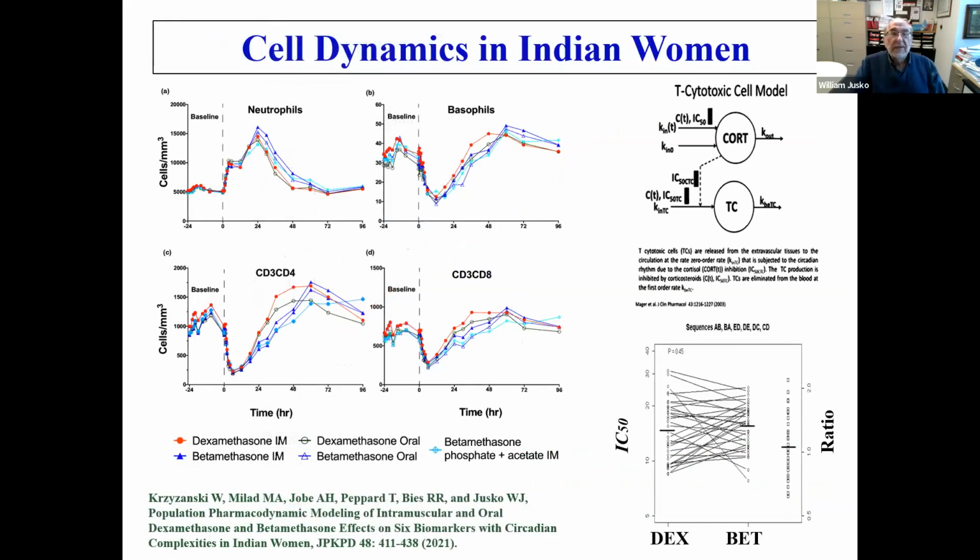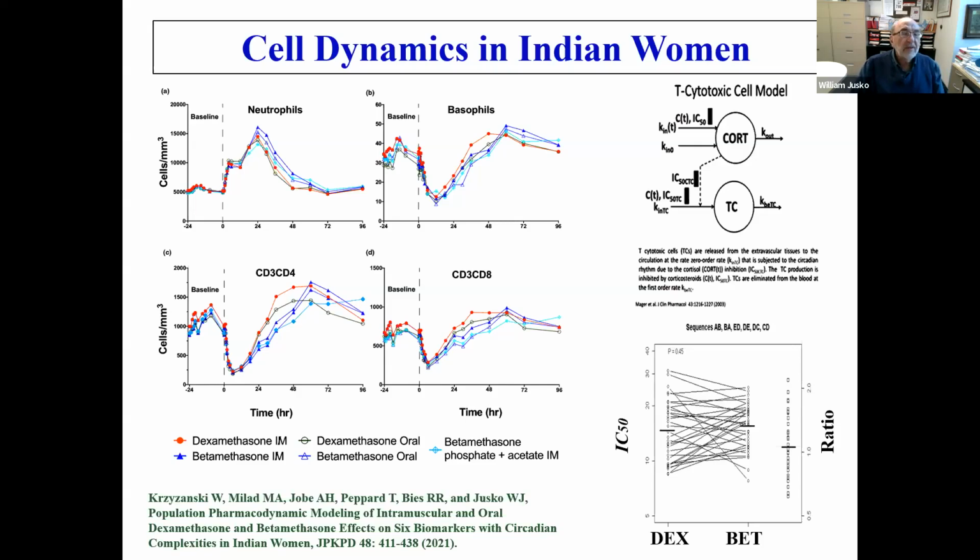We carried out pharmacodynamic measurements on 6 biomarkers. 4 of them are shown here. So blood samples were collected to measure various types of samples in the blood that are sensitive to effects of corticosteroids. So look at, for example, CD3, CD4, the T cells at the bottom left. There's a circadian rhythm in the baseline.